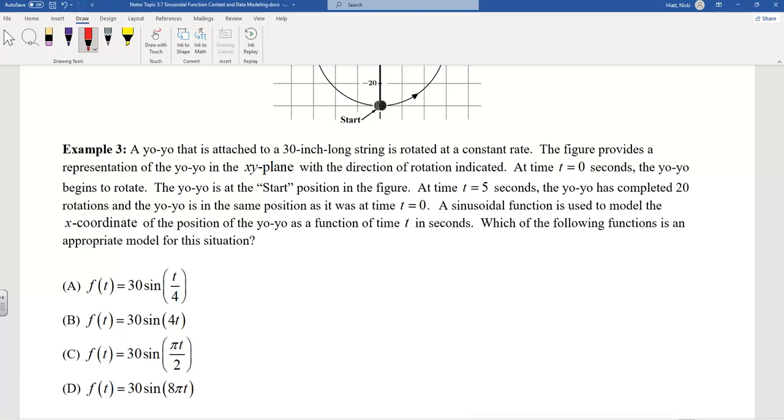And so the period is the time for one complete rotation. So the information we need is right here. At time t equals 5, the yo-yo has completed 20 rotations. So that is telling me that we did 20 rotations in 5 seconds.